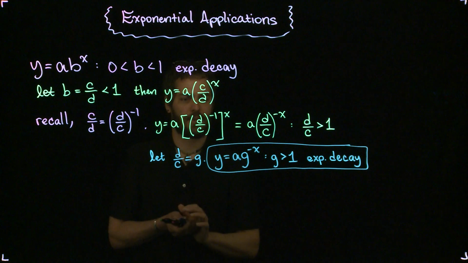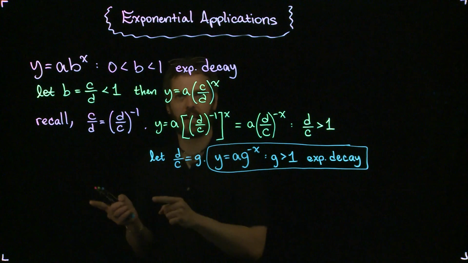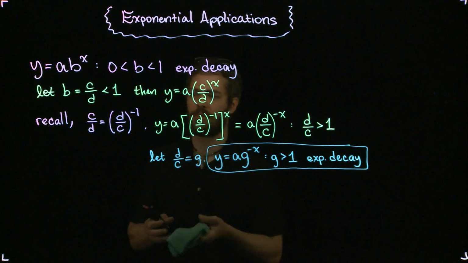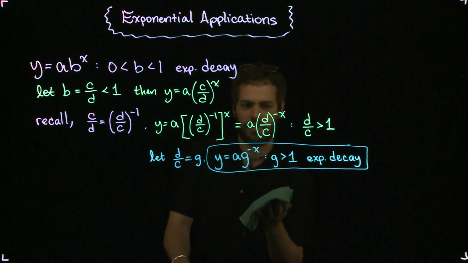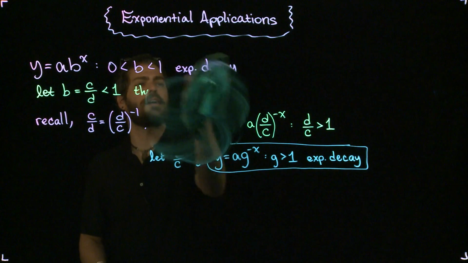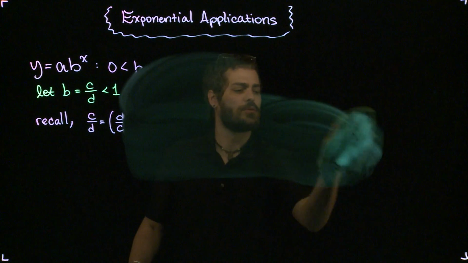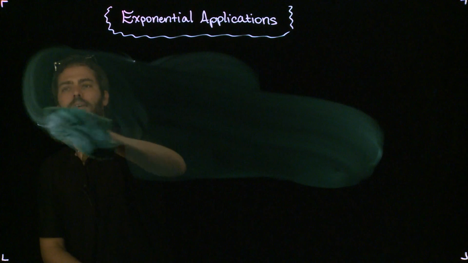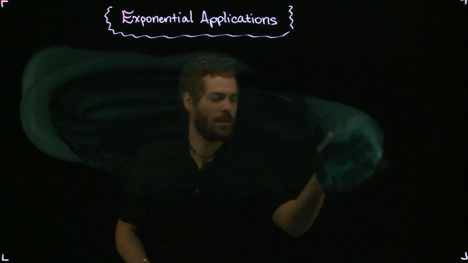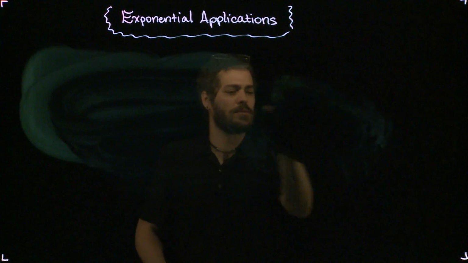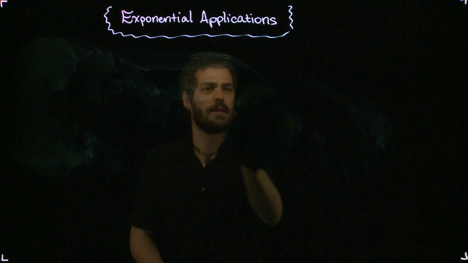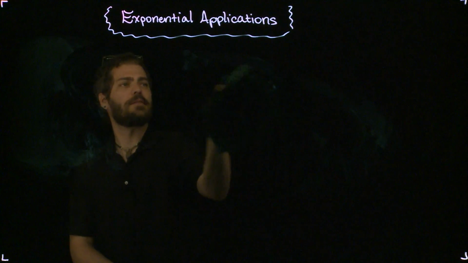Okay, so now I want to connect this with an example we did last time, that carbon-15 half-life example. So hang on a second. You can fast forward if you like. I'm going to erase this and then recopy down the data from our last example. Sometimes this is faster than other times.